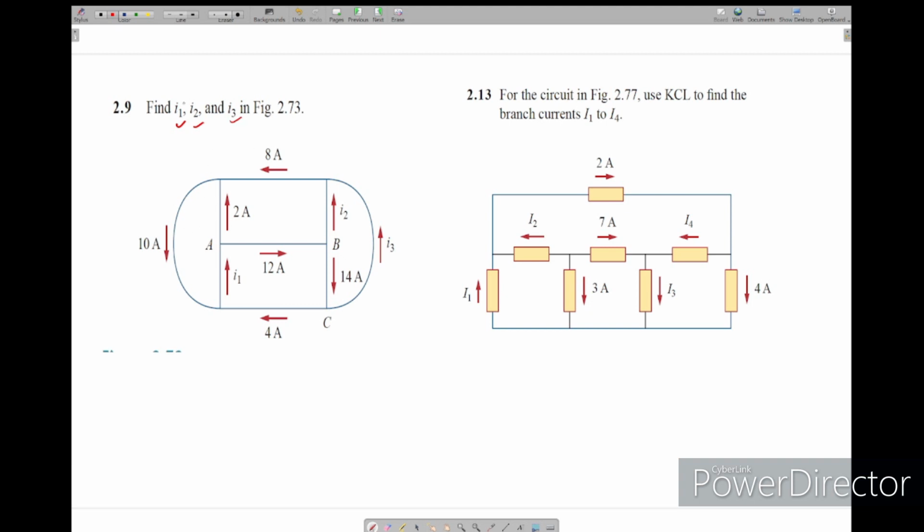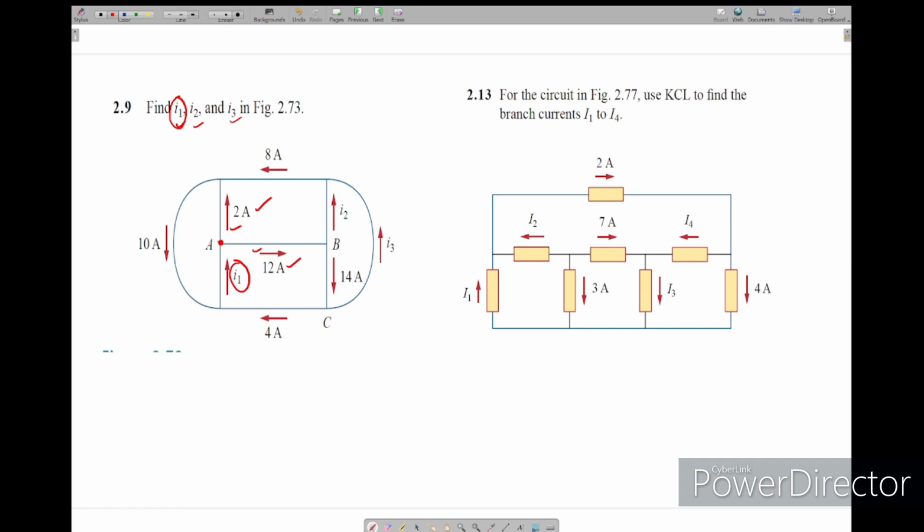If you see, first we have to find I1. Where is I1? I1 is here. The direction of I1 is up. So if you put a node here, I1 is entering, 2 amps is leaving, 12 amps is leaving. By using KCL, at a particular node, the sum of the entering currents equals the sum of the leaving currents.